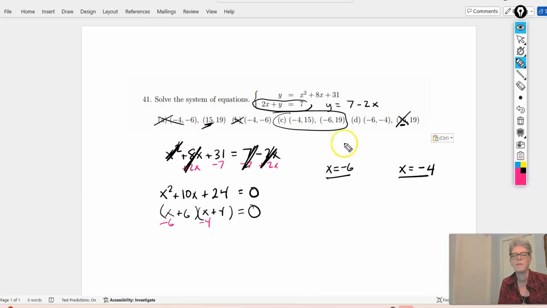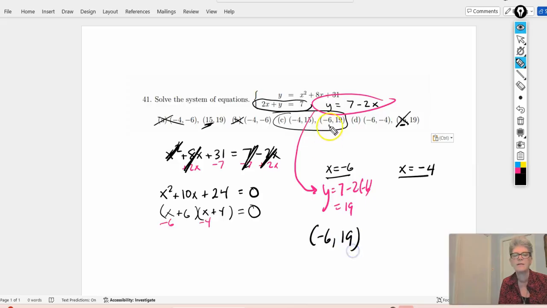But anyway, let's get the y-coordinates now. So y is going to be 7 minus 2 times your x value. So y is going to be 7 plus 12, y is going to be 19, and so I do have -6 comma 19, and that works for that one.